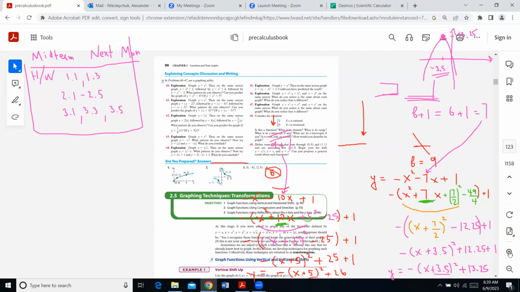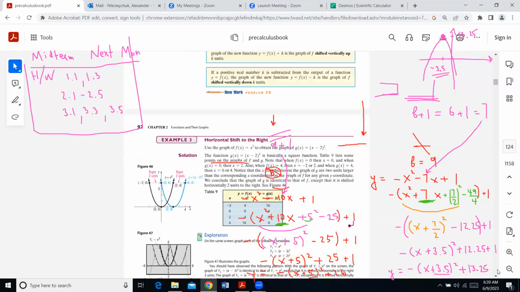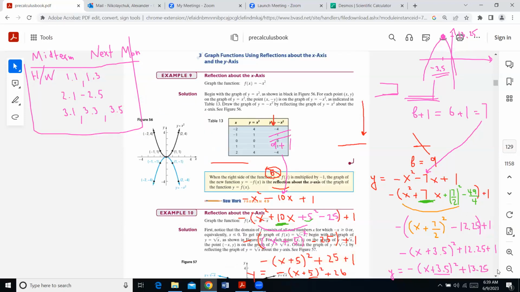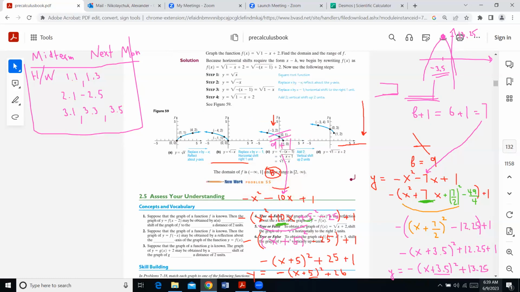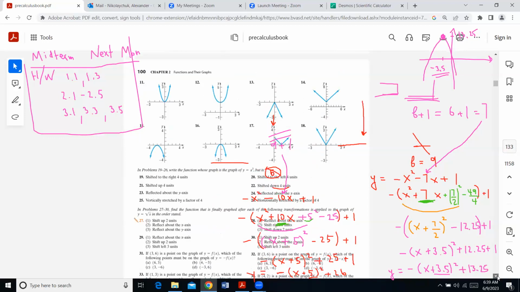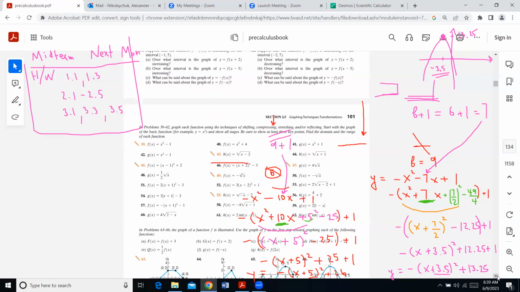So let me get to the end of the section and just do a similar exercise to what I put on that midterm for you. So we were graphing various functions from the so-called library of functions. So how about an exercise like number 57?